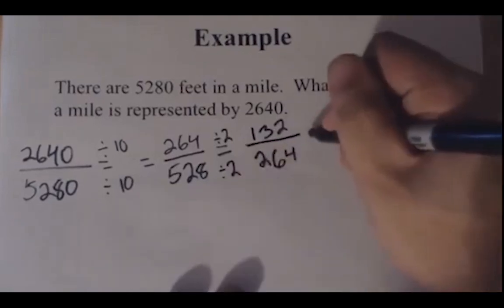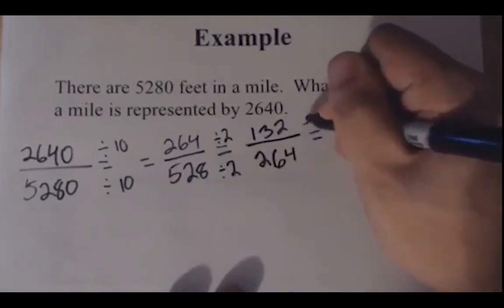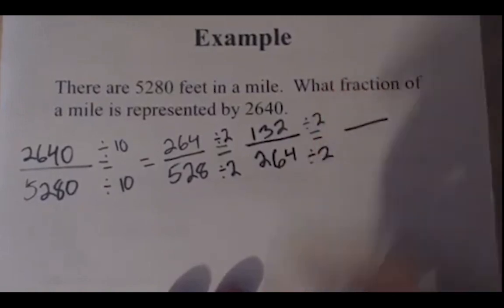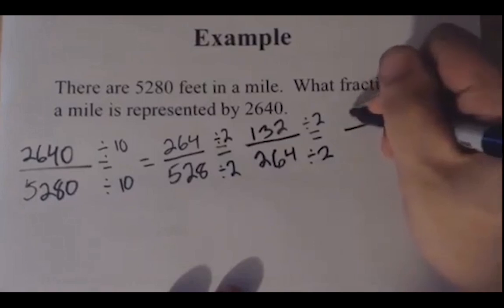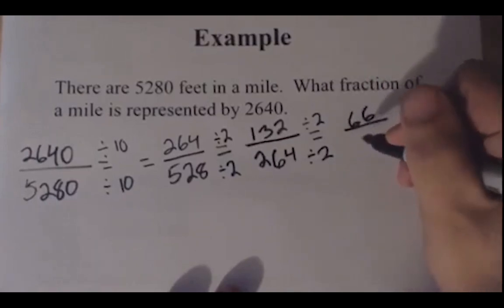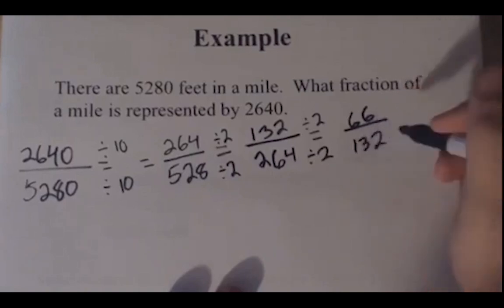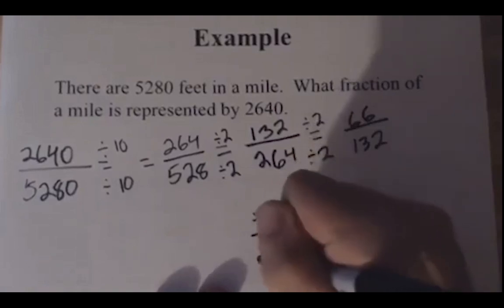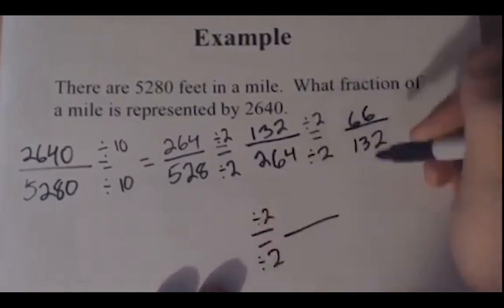And both of those are still even. So let's divide by 2 again. 66 over 132. And guess what? They're both even, so let's divide by 2 again.